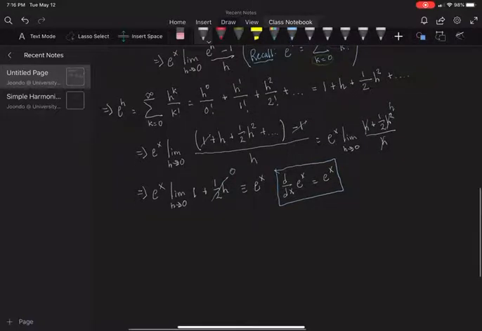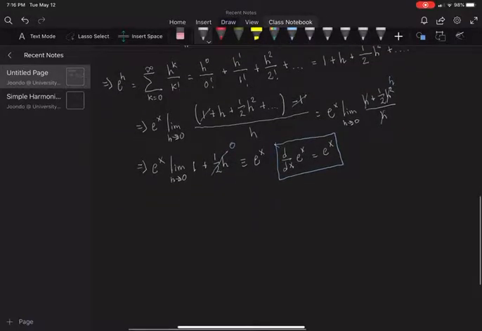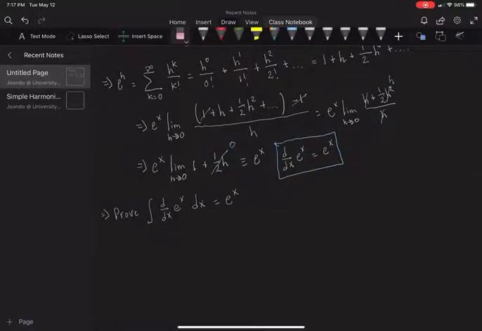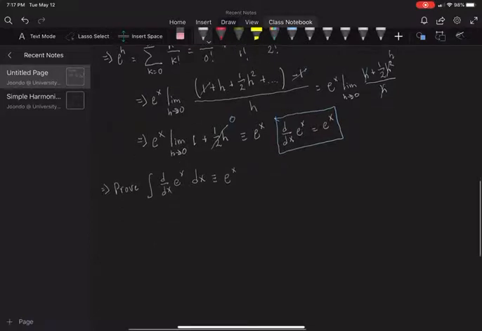So let's prove that the integral of the derivative of e to the x dx is equal to e to the x itself, plus a constant, but let's ignore the constant. It's equivalent to e to the x. Okay, so let's do this.